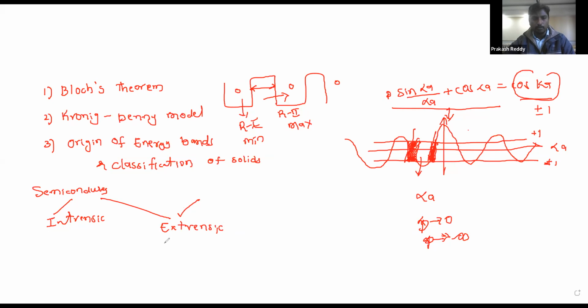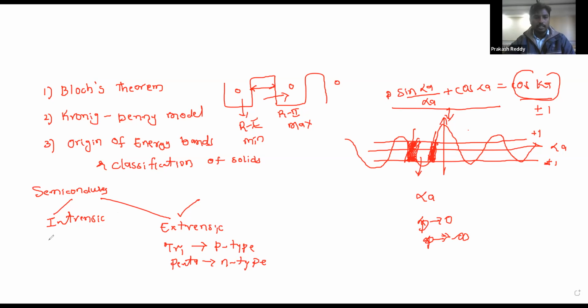So two types of dopants we are adding. One is trivalent impurities and the second is pentavalent impurities. If you add trivalent impurities, the semiconductor will be P type, and pentavalent gives an N type semiconductor.